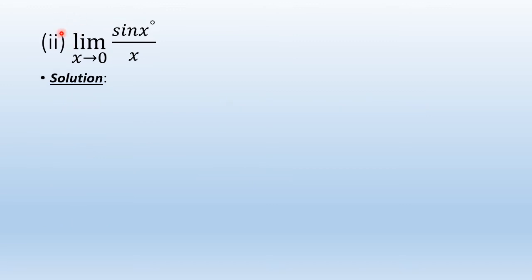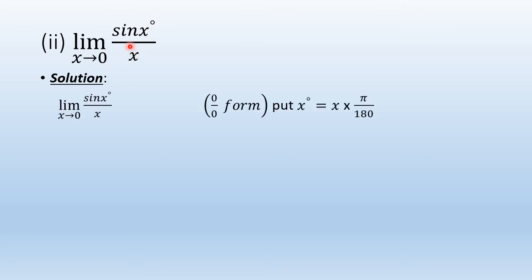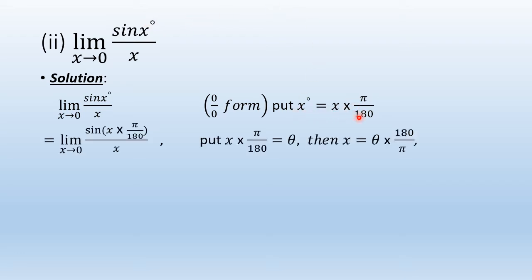Part 2. Limit when x tends to 0, sine x degree divided by x. First observation: this angle is in degrees and this one is in radians. So first of all we are going to convert degrees into radians. We put x degree equal to x into pi by 180 radians.